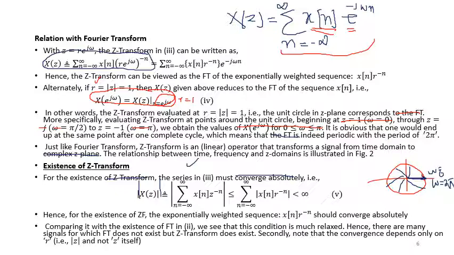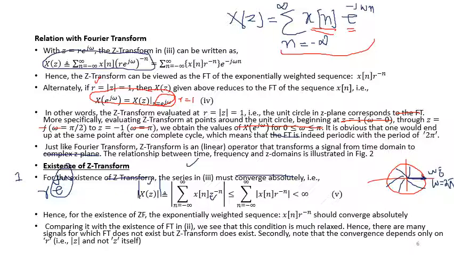So this is your x of z, and we take the absolute value of this. So this is equal to, you see this one now, because we say z equals r e power j omega, so I just write r e power j omega, right? And the absolute value of e power j omega is always 1, that you know, right?